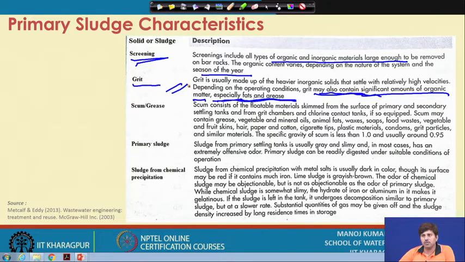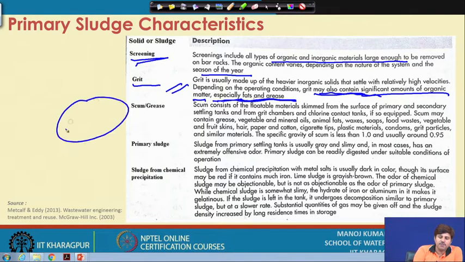If your wastewater contains a lot of oil or grease, what happens is that grit removes the heavier particles, but these things float on the top. So, a scum removal or grease removal unit can also be provided, which makes these things come to the top of the tank, and then from there they are removed as scum. That is called scum removal or grease removal.